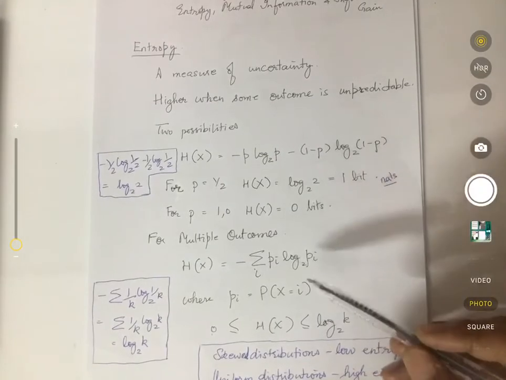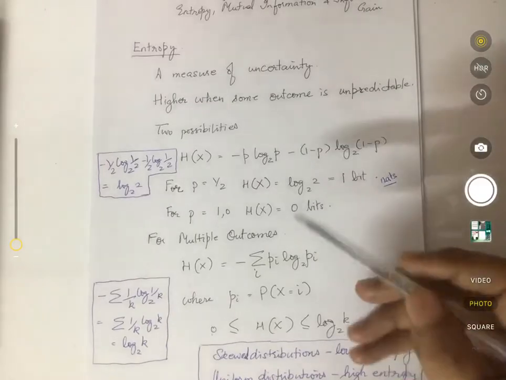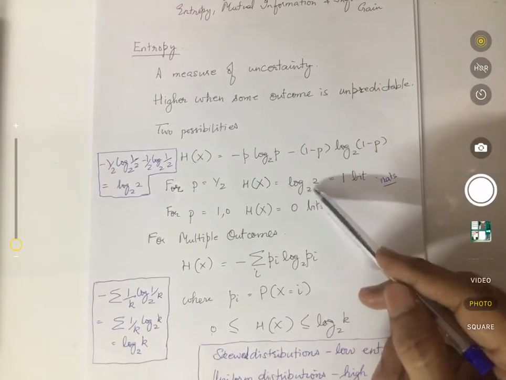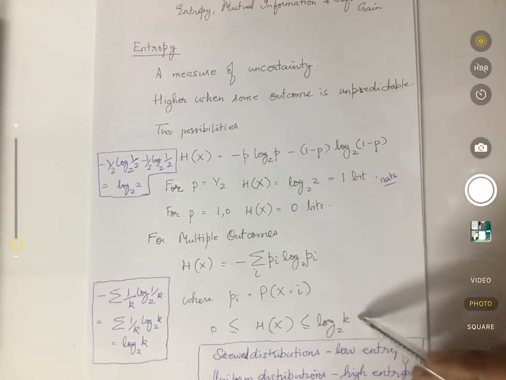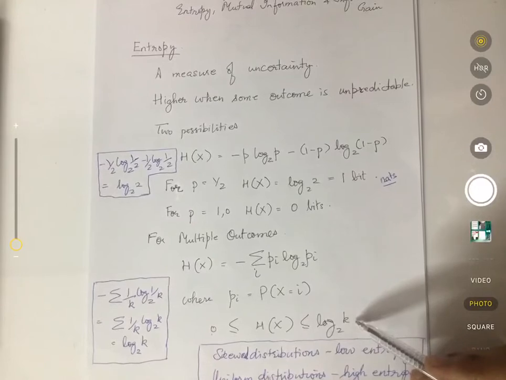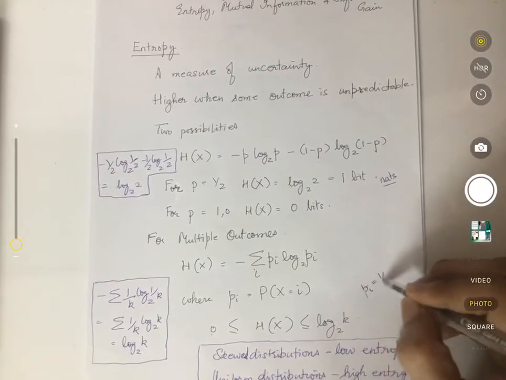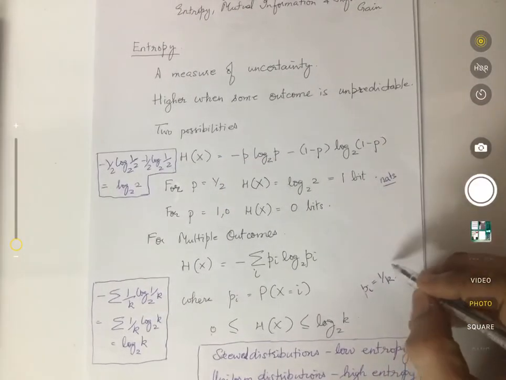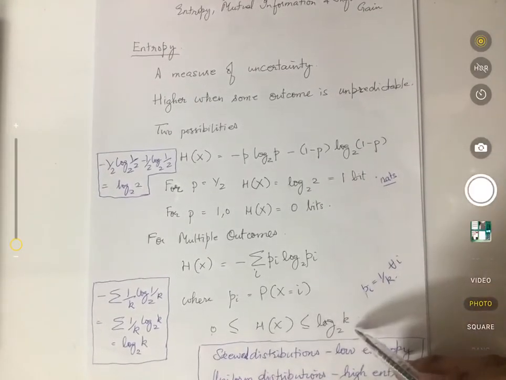So you could get a maximum value. In the binary case the maximum value is logarithm 2 to the base 2, which is 1, and in this case the maximum value you could get is log k. And it happens for probability p_i equal to 1 by k for all i, then you get the value log k to the base 2.